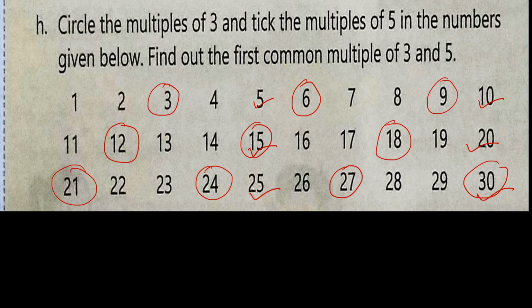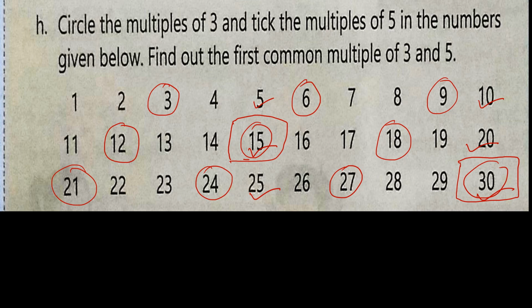Now you check where both are there, where the circle is also there and the tick is also there. So as we got here, here and here also. Okay. So which one is the first? 15.